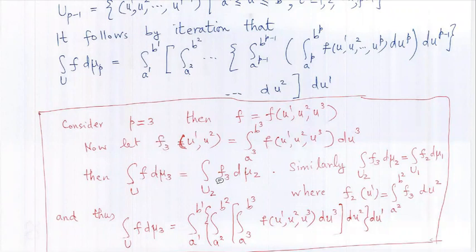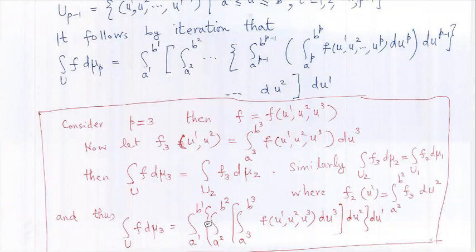The result is always the same. Similarly, if we continue this process, we can integrate f3 on a u2 cube, and this will be given by f2 dμ1, because again, if we integrate with the variable u2, the answer will be a function of the variable u1, and by the same procedure we get these two integrals to be equal, where f2(u1) is the integration of function f3 with respect to the variable u2.